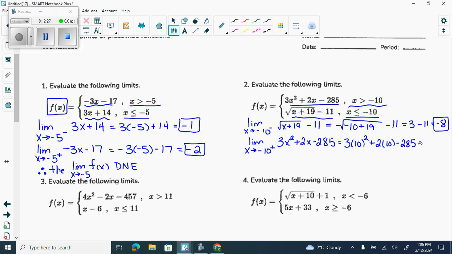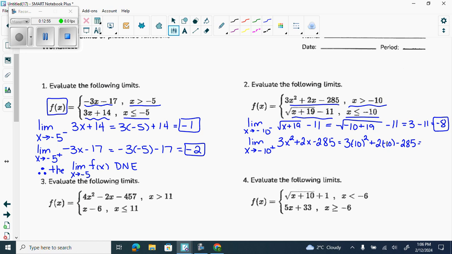So I get 300 plus 20 is 320 minus 285 is positive 35. Anyone? Yeah, but -10 squared. Oh, right.